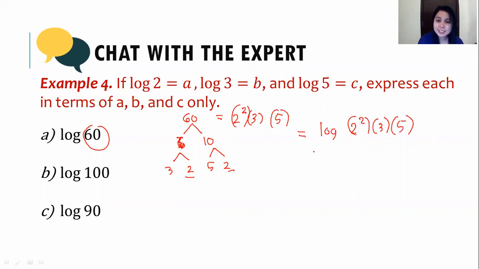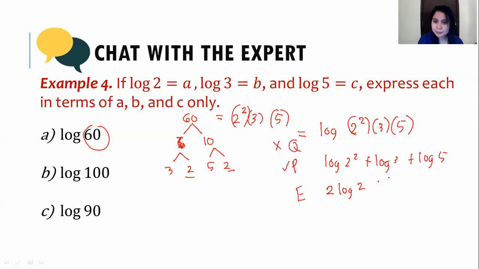Let us expand it first. There's no quotient. Let's go to product, QPE, because we do expansion. Log 2 squared plus log 3 plus log of 5. Then exponents, 2 log of 2 plus log 3 plus log of 5.